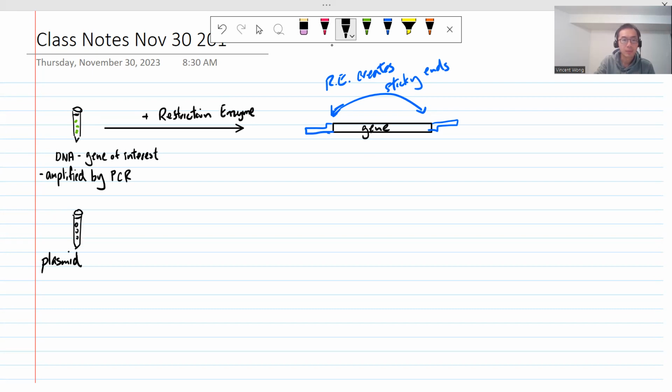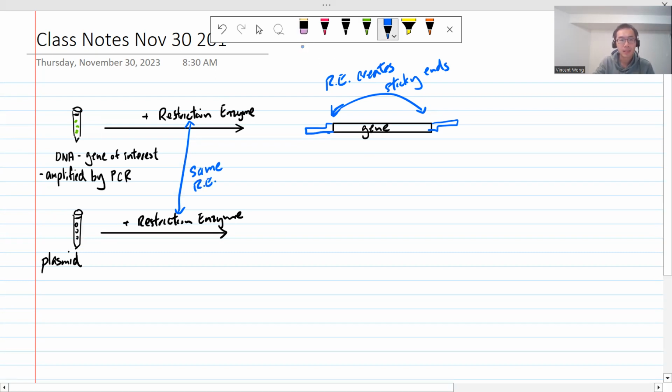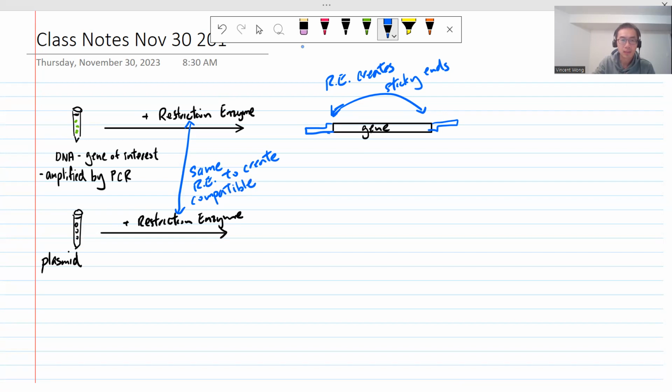And then we are going to be using the same restriction enzyme to cut the plasmid. It must be the same enzyme to create compatible sticky ends.